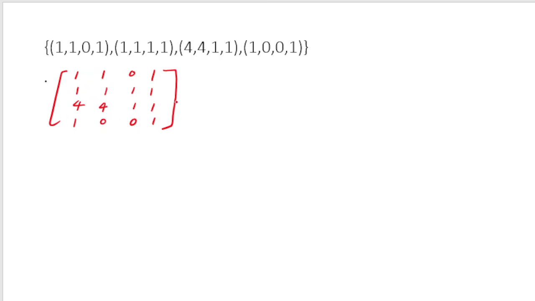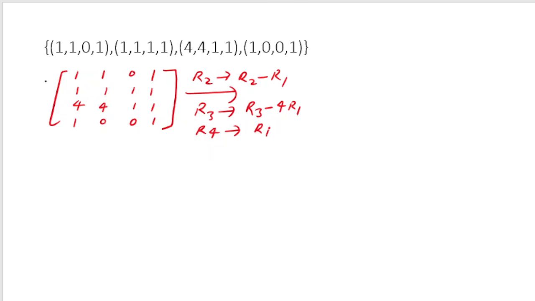And I am reducing it to the row echelon form. To do that, I need to replace the second row by R2 minus R1, the third row R3 by R3 minus 4 times R1, and the fourth row R4 by R4 minus R1.